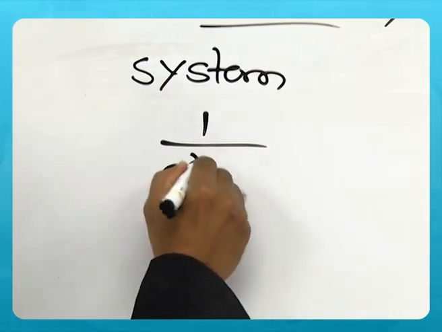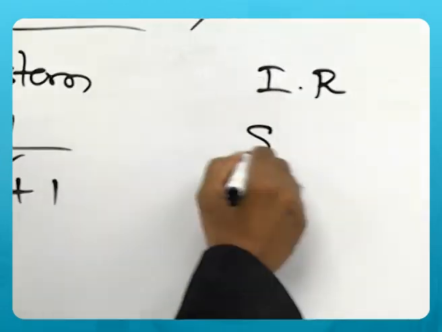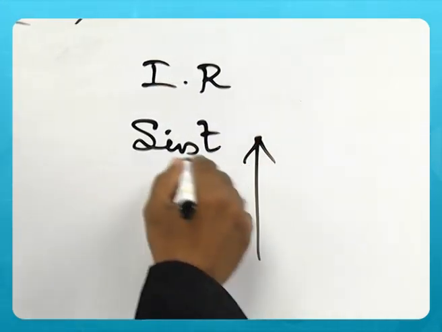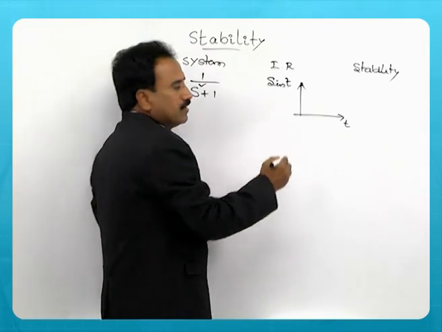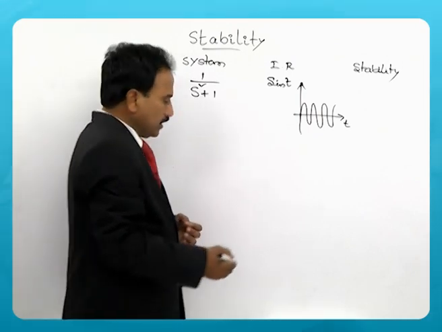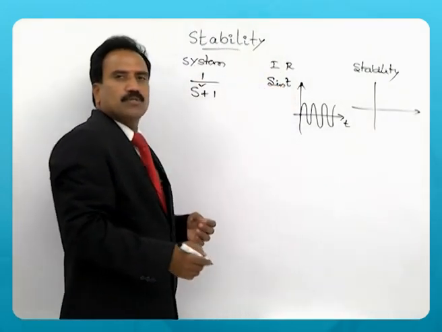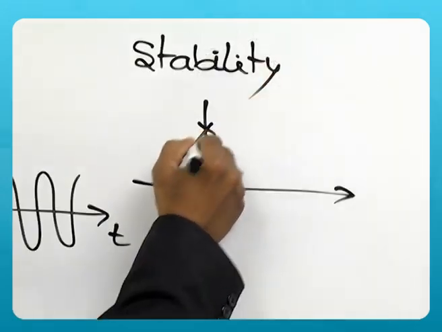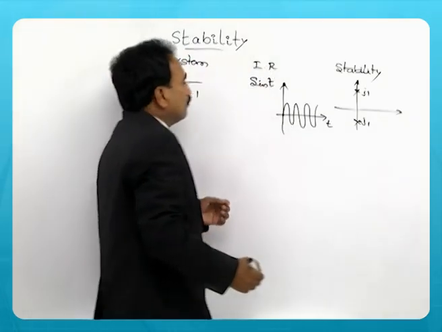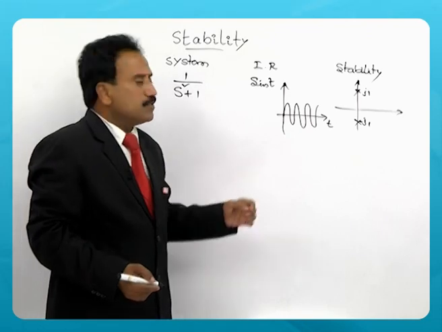Let us consider the function 1 by s square plus 1 whose impulse response is sin t. That indicates this impulse response sin t as a function of t will have sustained oscillations, and the poles' location in the S plane is plus or minus j1 for this system, indicating two poles on the j omega axis.